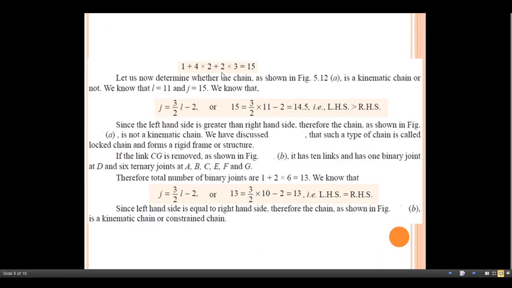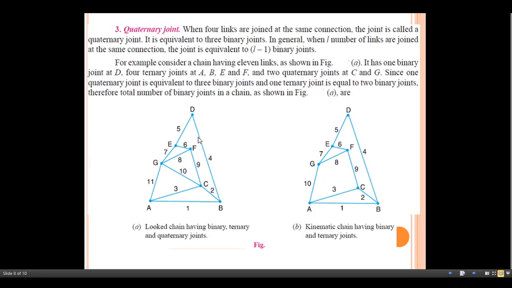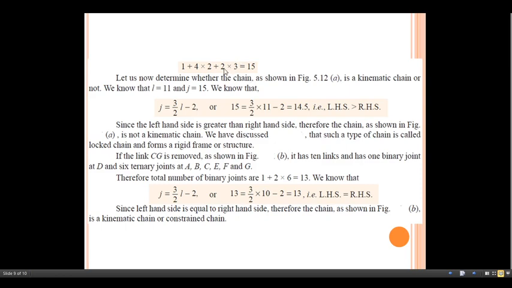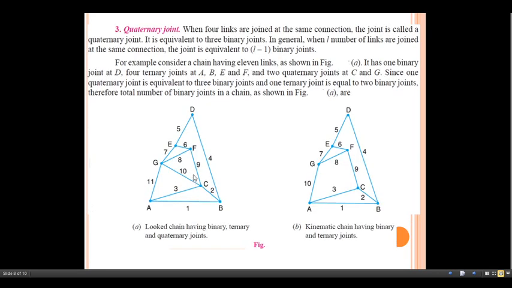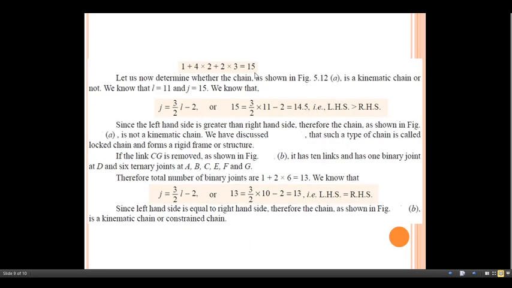That's why 4 multiplied by 2 is written here. Plus, as far as the quaternary joints are concerned, look here and here: two quaternary joints. One quaternary joint is equivalent to three binary joints, so 2 multiplied by 3. Calculate 1 plus 4 multiplied by 2 plus 2 multiplied by 3 to get the total number of joints. For the first diagram, the total number of joints is 15.